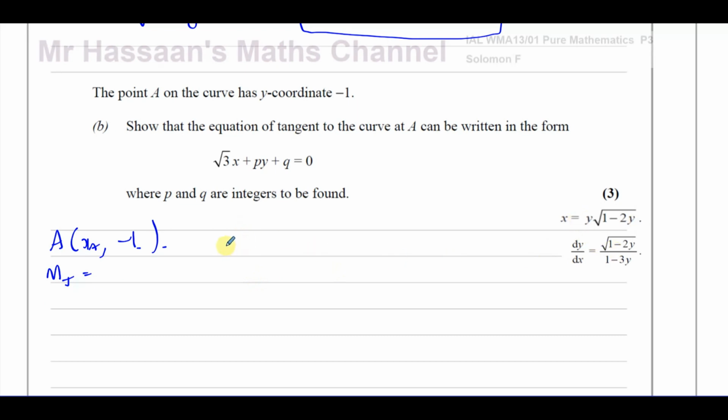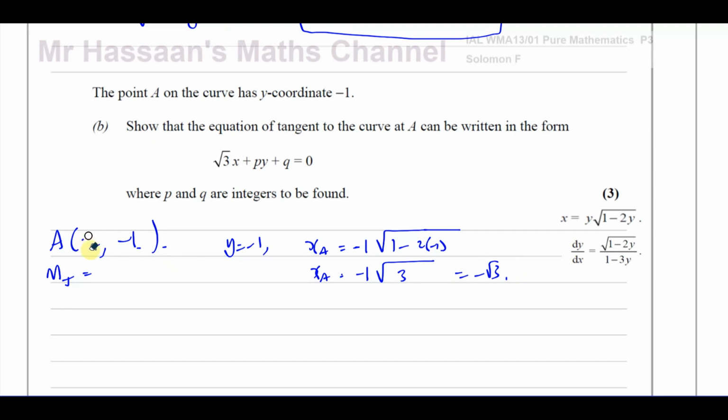When y equals minus 1, that'll be xA. That's going to be minus 1 times the square root of (1 minus 2 times minus 1). So the x coordinate of A will be minus 1 times the square root of 3, so it's going to be minus root 3.